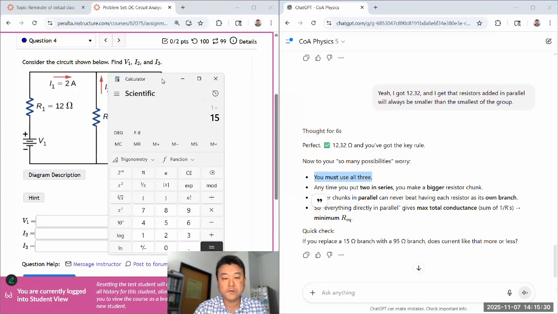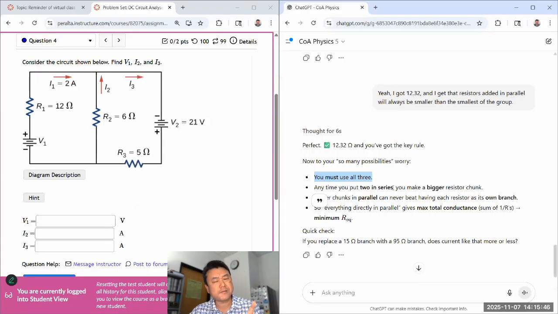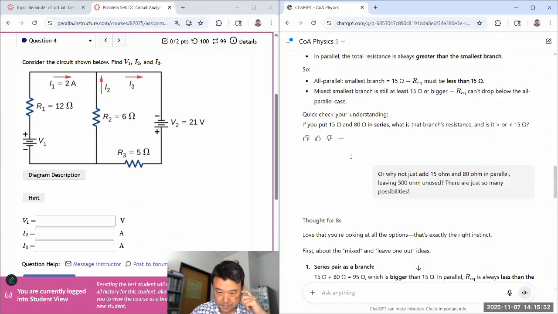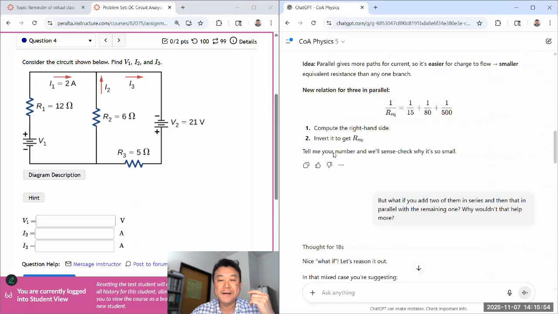If you do 1/15 plus 1/80, and then you do 1/that, then that's 12.63. That's bigger than that. So leaving out 500 Ω didn't help you anyway. I would have preferred that answer as a stronger response. But I'm just being difficult.